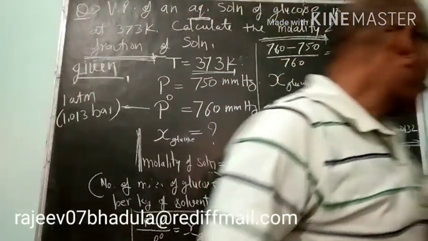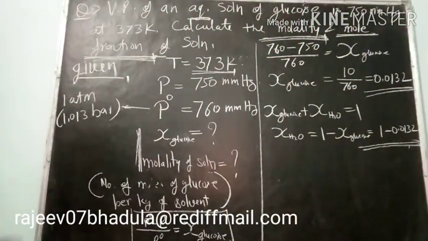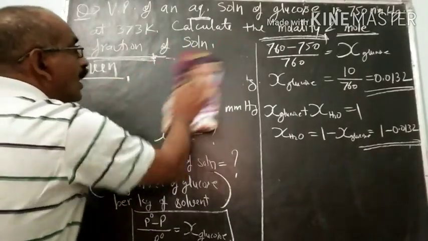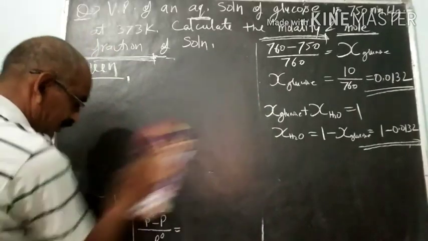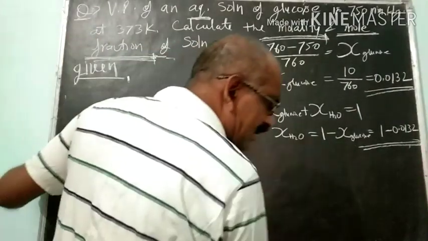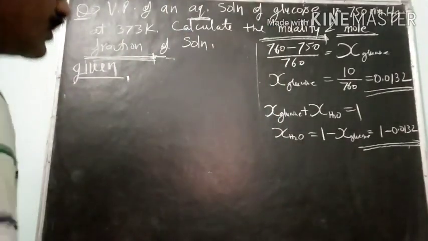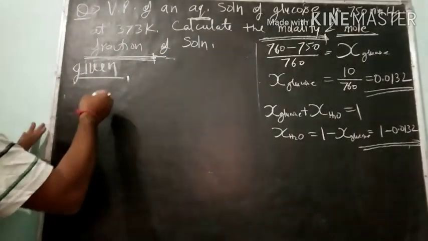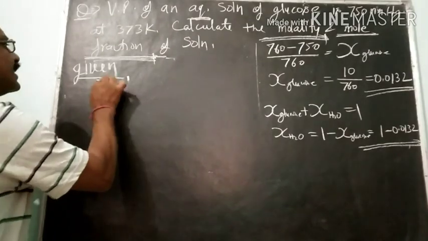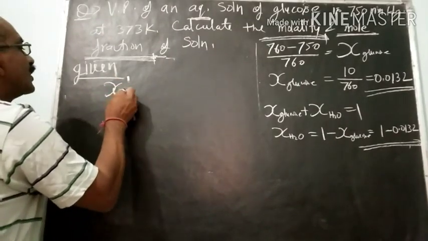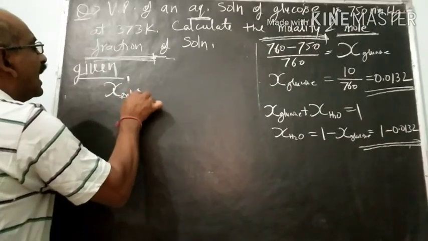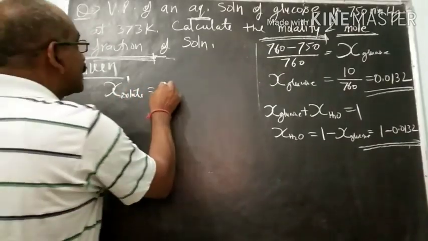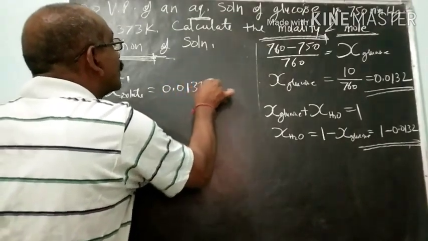As you know, molality means number of moles of solute per kg of the solvent. Here we know X solute comes 0.0132.